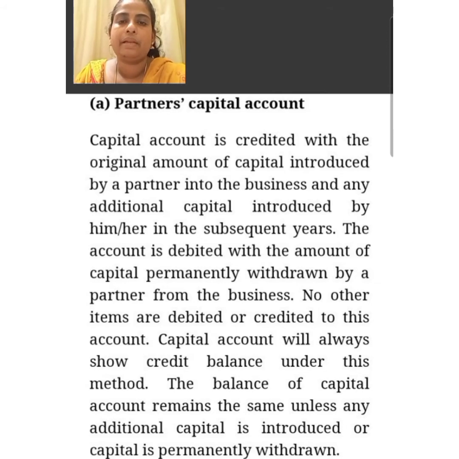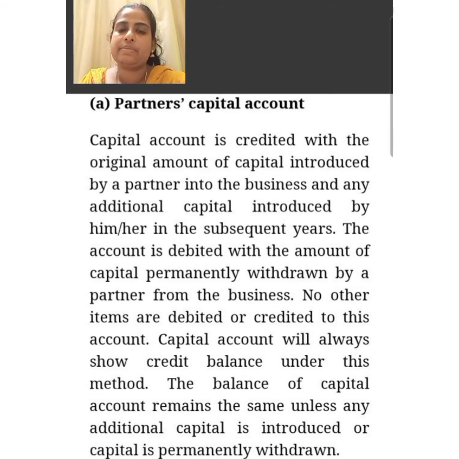The partner's capital account is credited with the original amount of capital introduced by the partner into the business, and if he introduces additional capital, that additional capital introduced by him in the subsequent years. The account is debited with the amount of capital permanently withdrawn by a partner from the business.